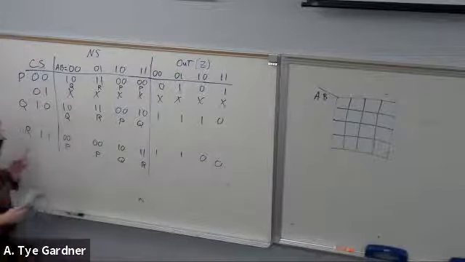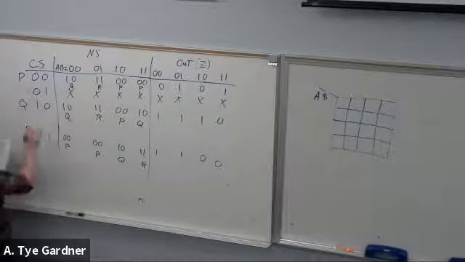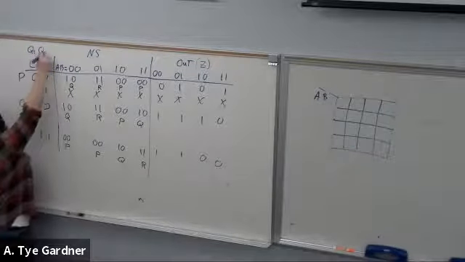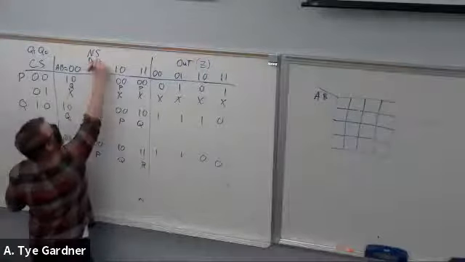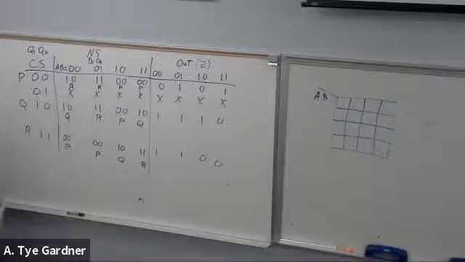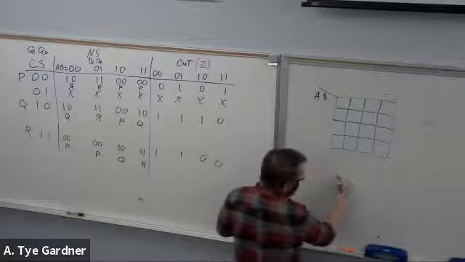So it's really our current state. Close, but it's our current state that we care about. So our current state we're going to call Q1, Q0. Our next state is D1, D0, just for reference.